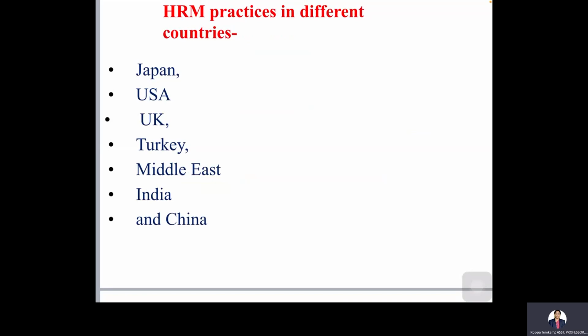So this is about the compensation practices of the expatriates, and while doing so, certain labor standards and ethics also need to be followed, and international industrial relations also come into the picture. So these also need to be looked into.